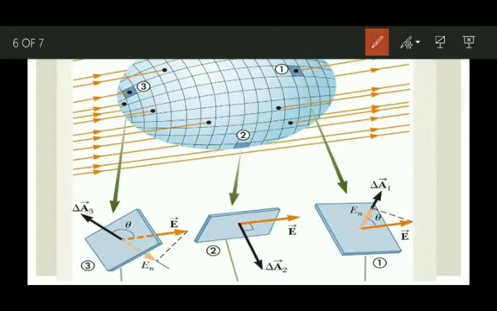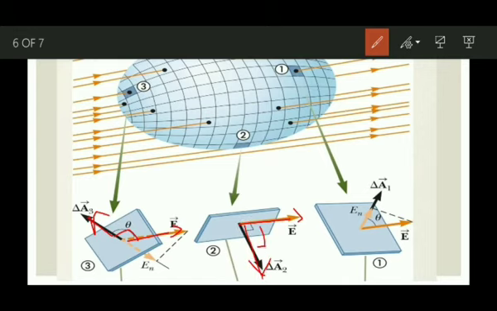Electric flux is either positive or negative. As you can see here, the angle formed between the area vector and the electric field vector is greater than 90 degrees. In that case the electric flux is negative, which is called inward flux, and is always negative. And here you can see that the electric field and the area vector form 90 degrees between them.